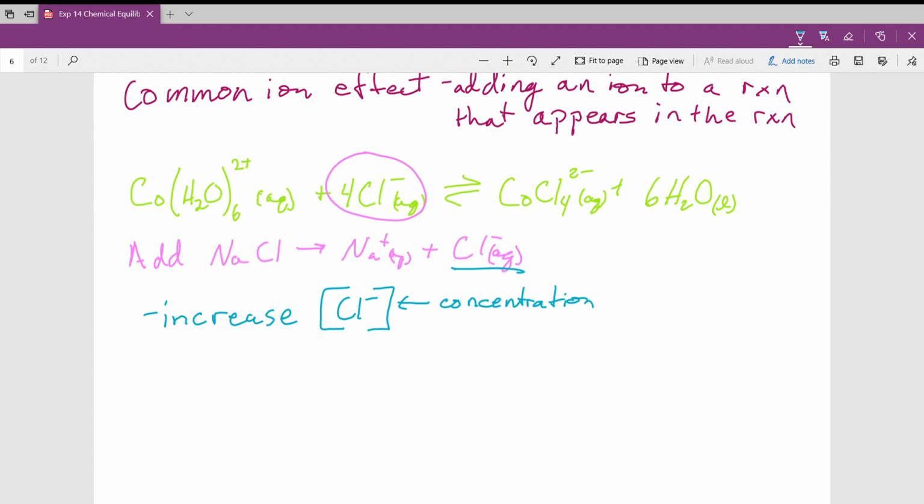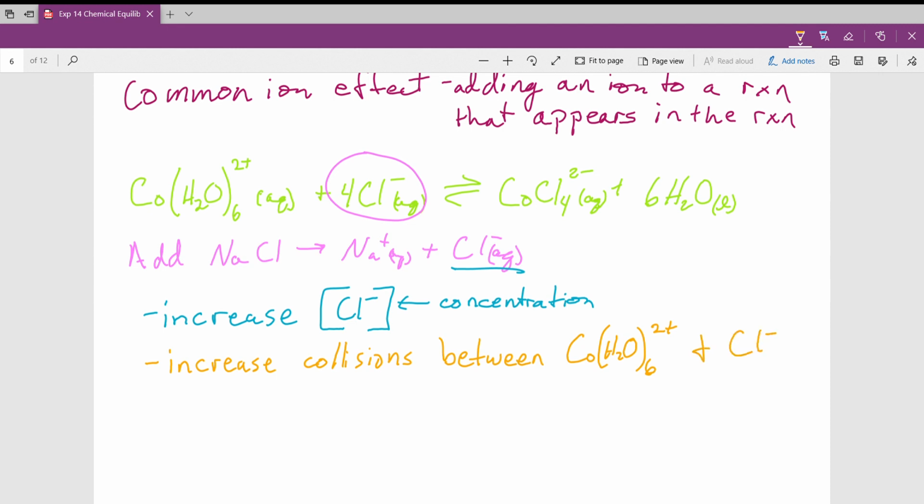So when we add Cl minus, we increase the concentration of Cl minus, which in turn increases collisions between Co(H2O)6 2+ and Cl minus.